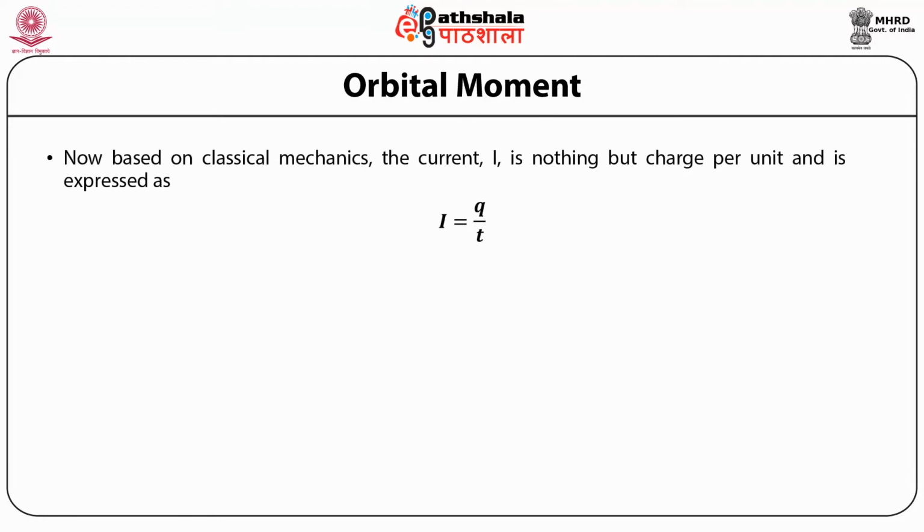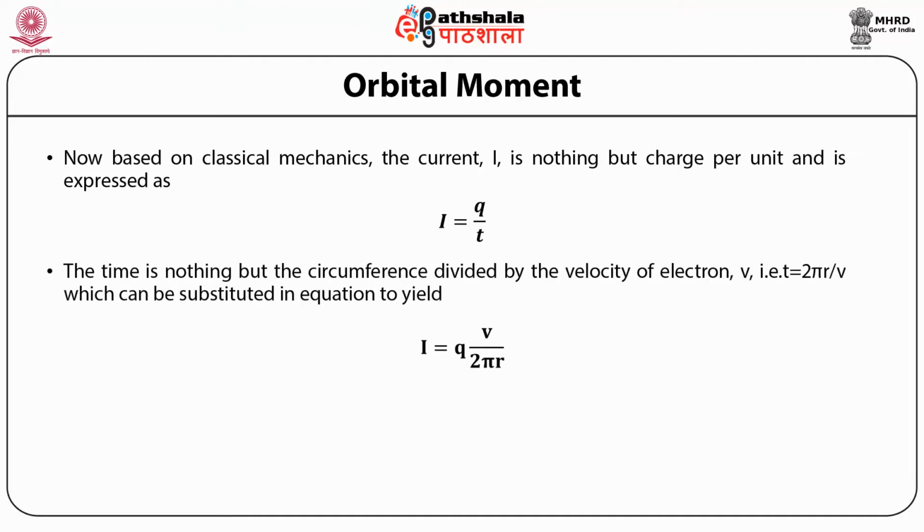Based on classical mechanics, the current I is nothing but the charge per unit time, that is I is equal to Q by T. The time is nothing but the circumference divided by the velocity of the electron, so T is 2 pi r by V. So the current becomes QV upon 2 pi r, which we will be using in this derivation, where r is the radius of the orbit.